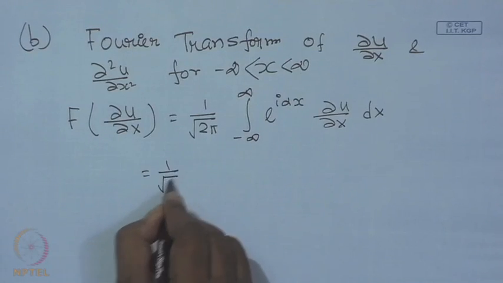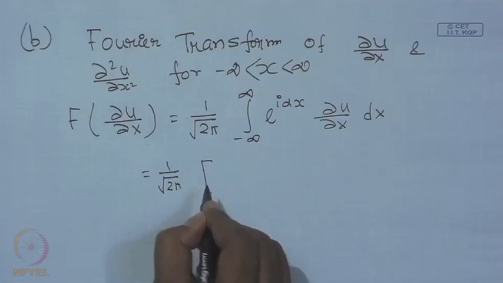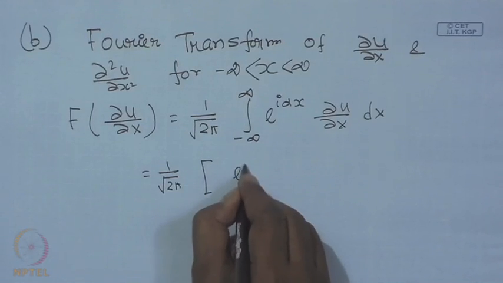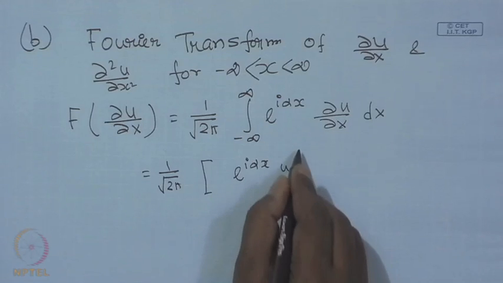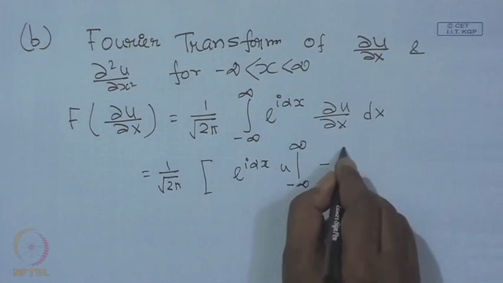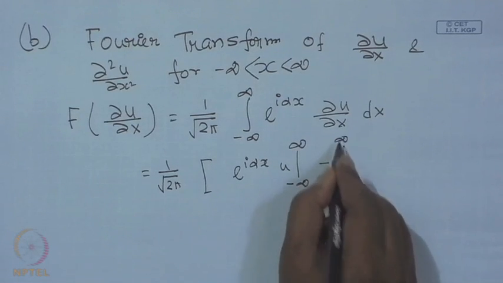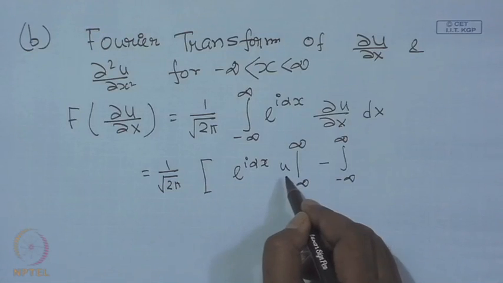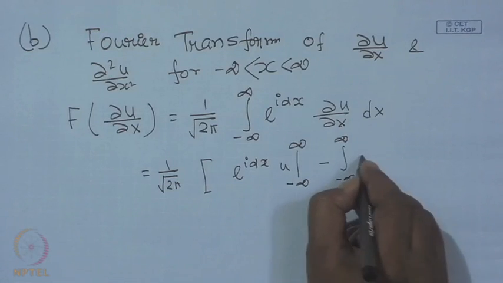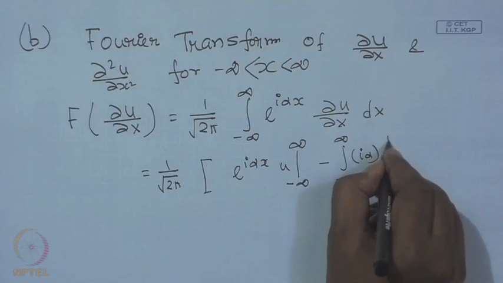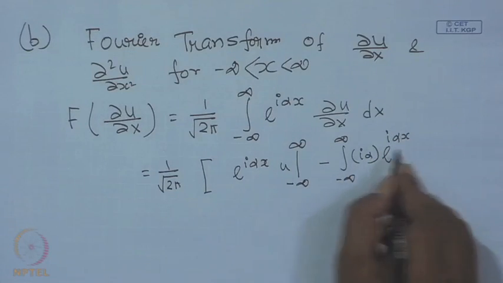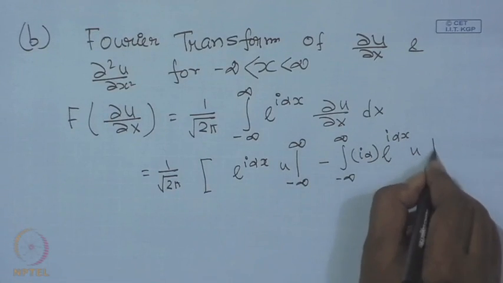So, 1 over root 2 pi, e to the power i alpha x u from minus infinity to plus infinity, the first function, integral of the second function, minus derivative of the first function, so i alpha multiplied by e to the power i alpha x, integral of the second function, u dx.